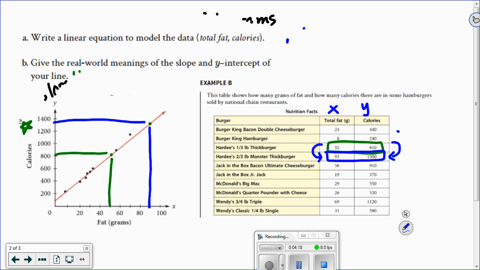My slope formula, where slope is m, is going to be 1,300 minus 810 divided by 93 minus 52. I started with 1,300, so I would start with 93 in the denominator as well. So I want you to go ahead and do that calculation.